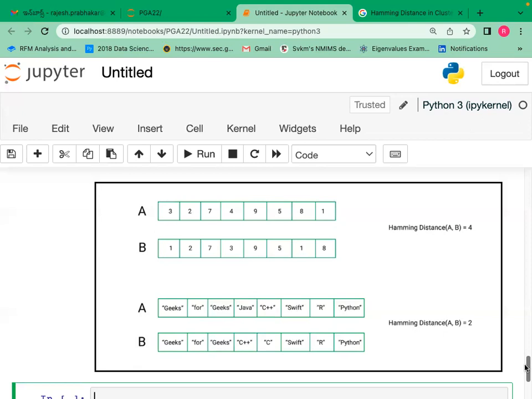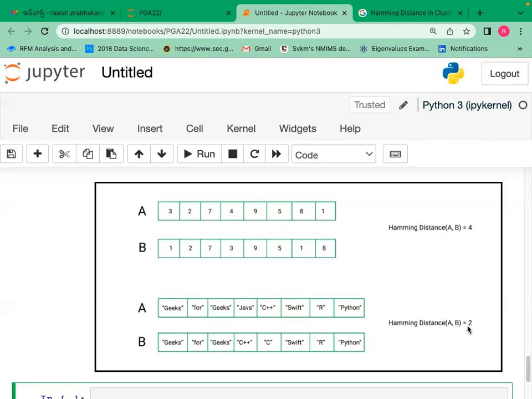If you look at the second thing, geeks and geeks are equal, 0. For and for are equal, 0. This is also equal, 0. This is unequal, 1. This is unequal, 1. These two are equal. Rest of all are equal. So the Hamming distance is 1 plus 1, 2. This is how it compares the strings.